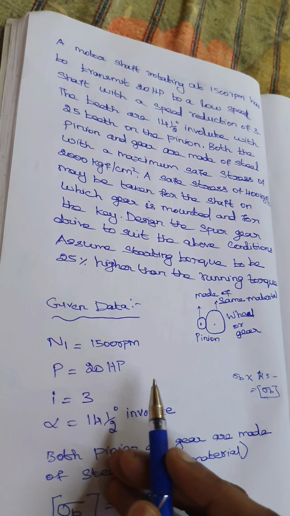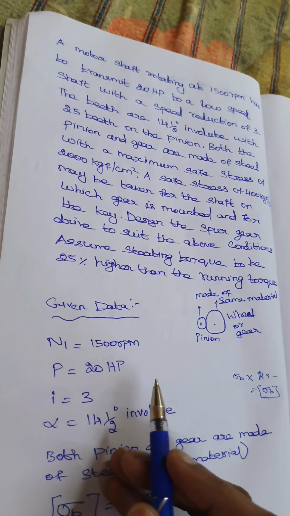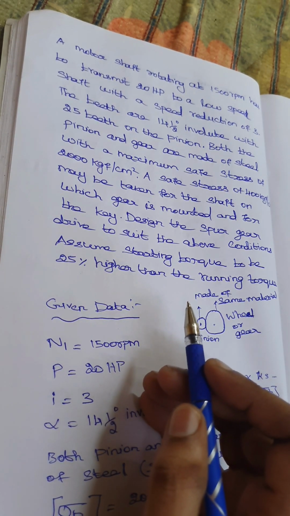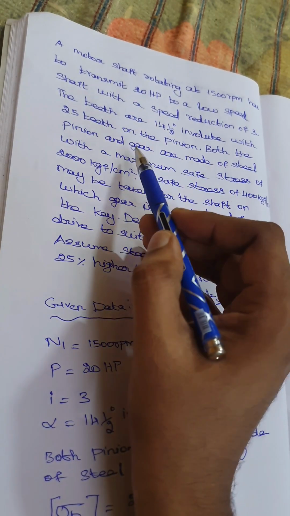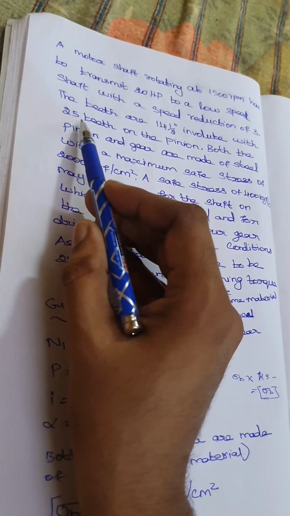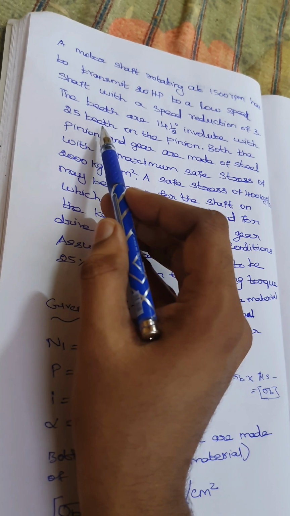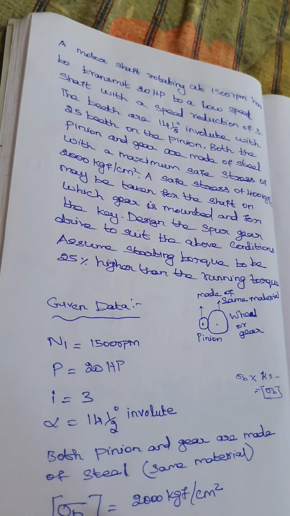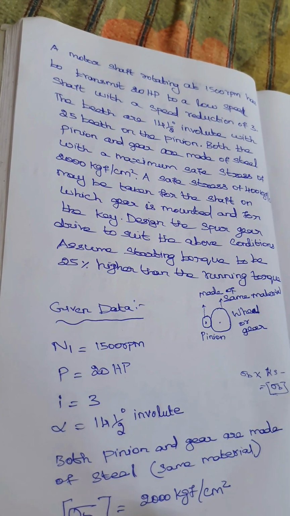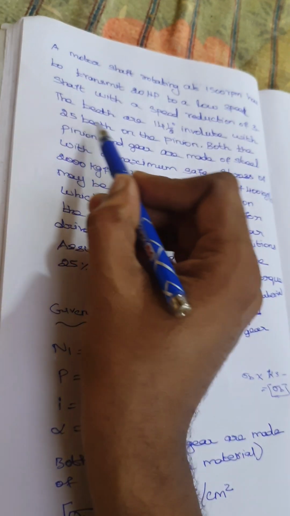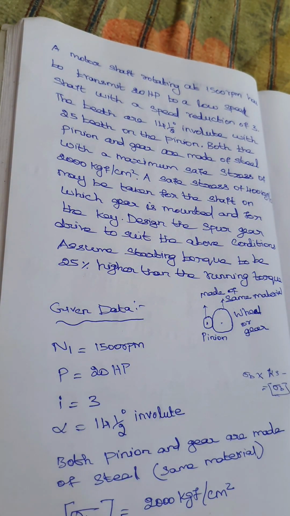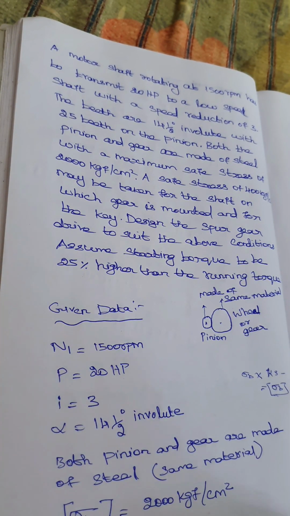Another important data they have given is the number of teeth, Z1, equal to 25.